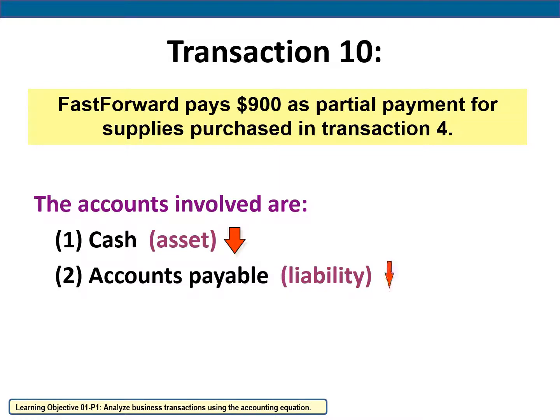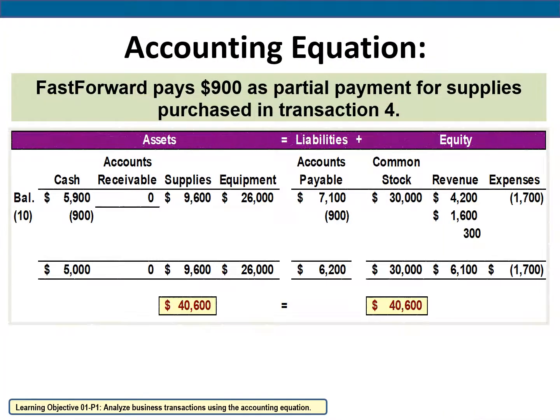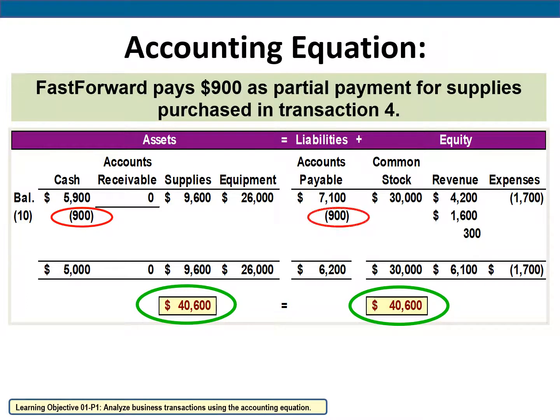And we're going to reduce our liability because we've paid some of that balance. So Fast Forward pays $900, our cash is going to decrease. And we've also paid part of our accounts payable, and so the balance that was $7,100 previously is now decreased by the $900 that we've paid. And our accounting equation is still in balance.